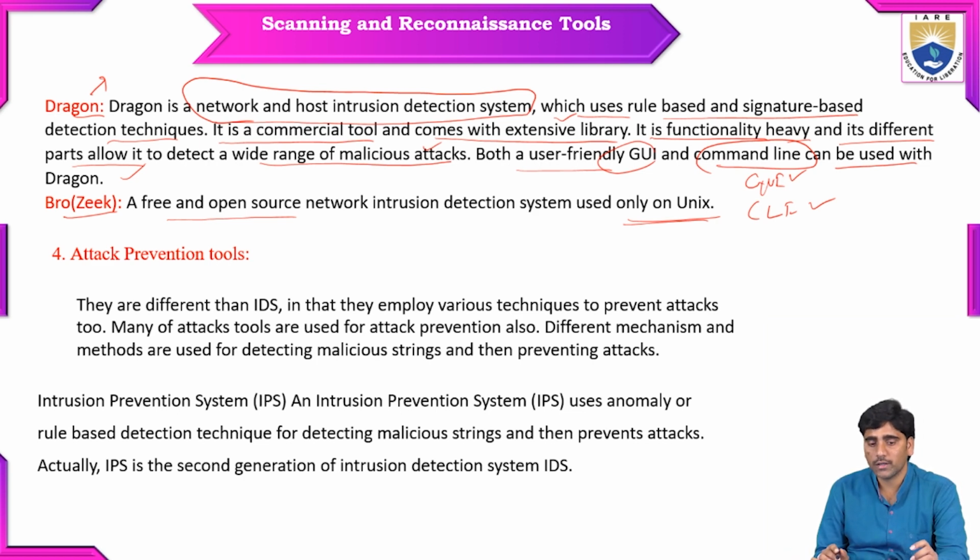And the fourth one is attack prevention tools. Some of the tools only detect attacks, but they are not able to prevent them. Attack prevention tools are different than intrusion detection systems, in that they employ various techniques to prevent attacks.